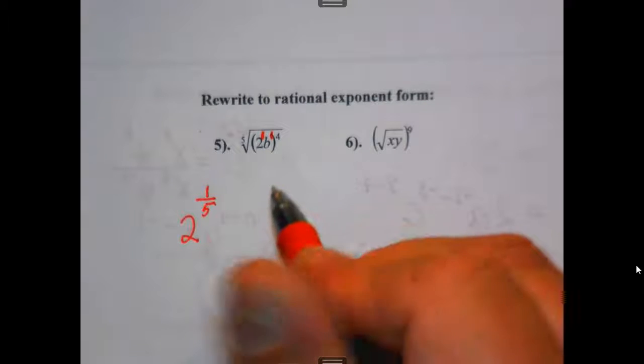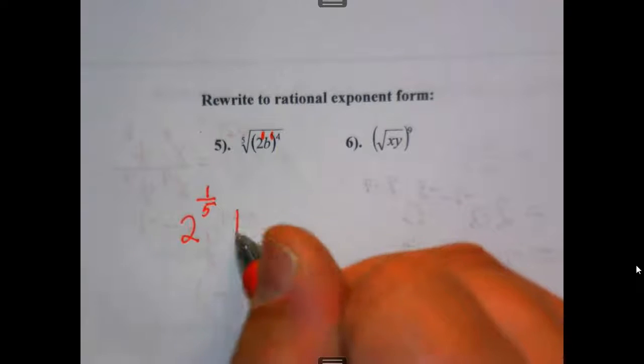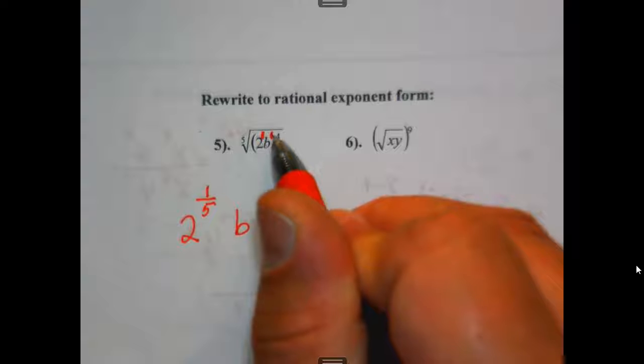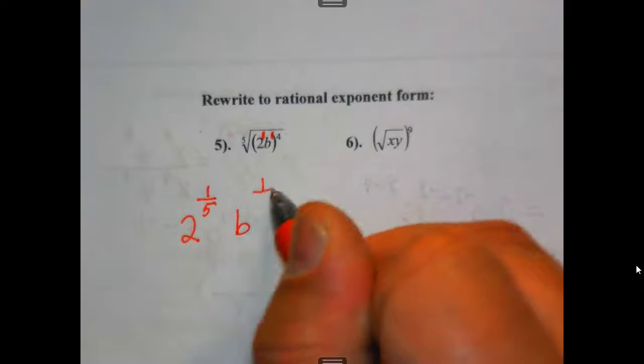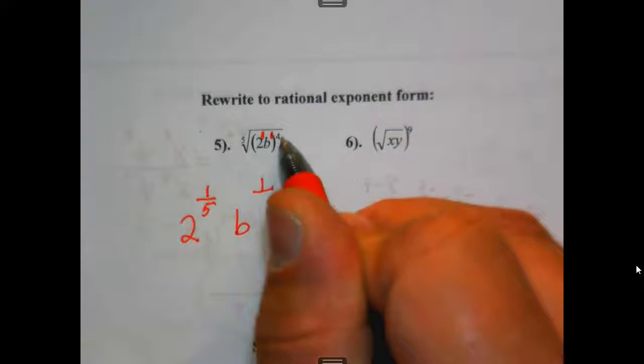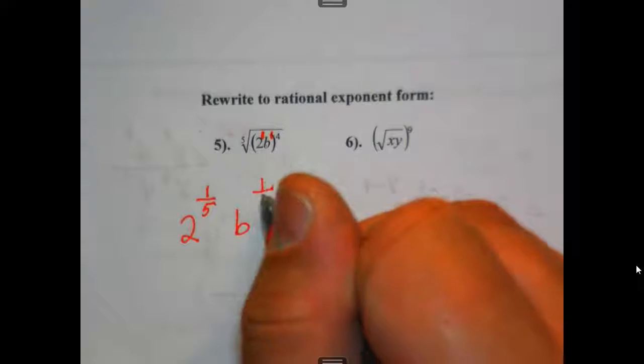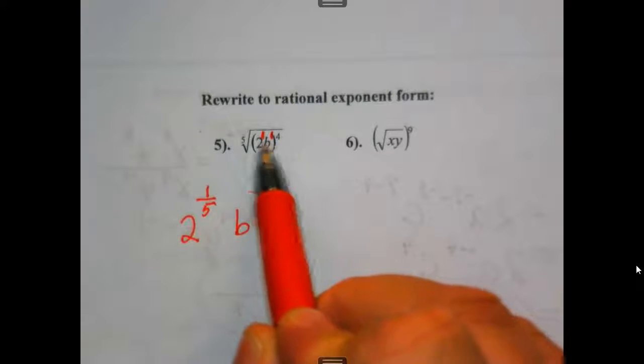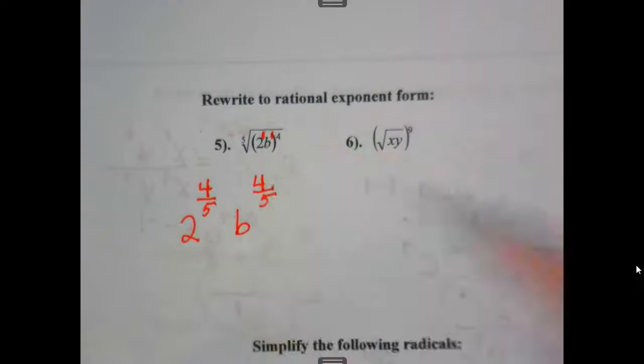The numerator is the exponent and the denominator is the root. Here's my base b, my numerator is the exponent, 1. Oh, I forgot there was a 4 out there. That's okay. My denominator is 5, and I didn't see that 4, so we have to multiply each one by 4, so we have 4/5 and 4/5. Should we do another one because I screwed it up?